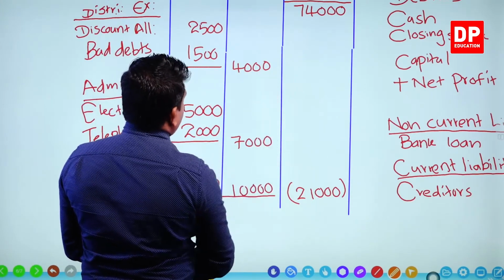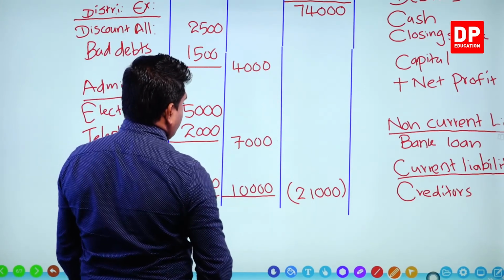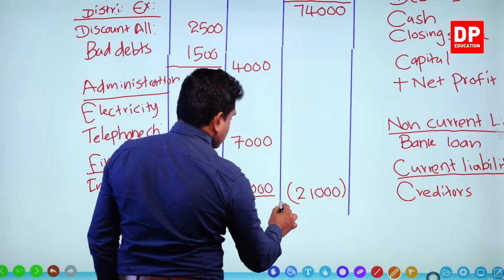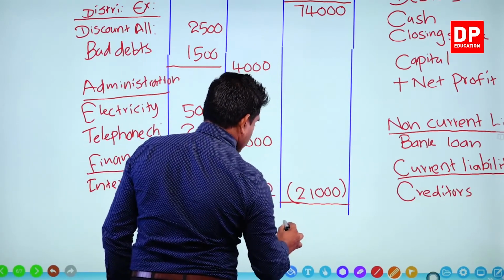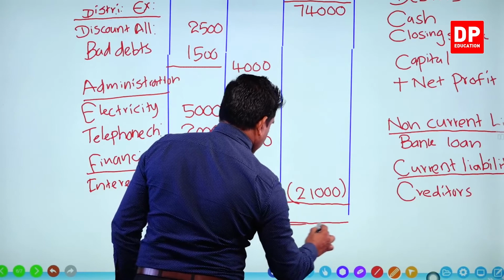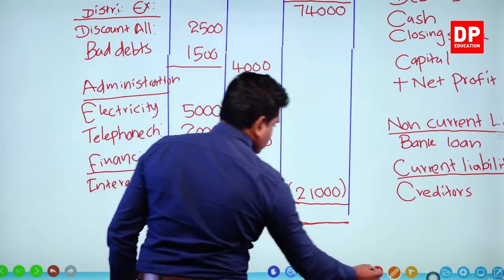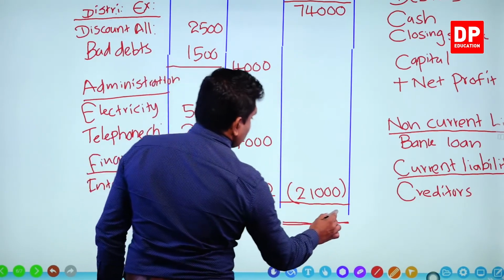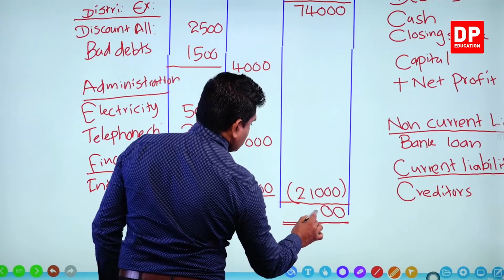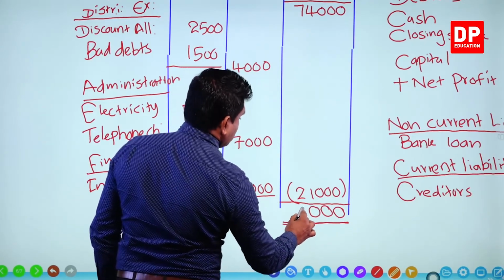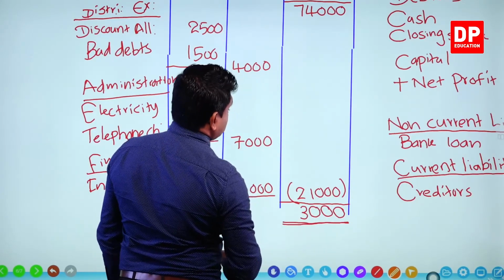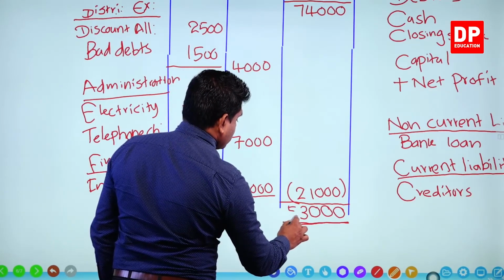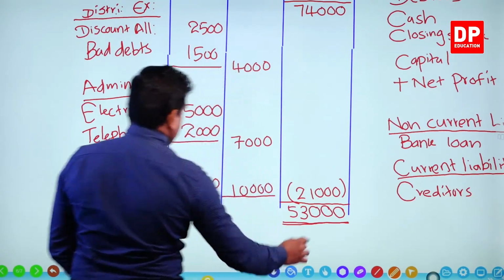Above you can see 74,000, down total expense 21,000. Then you can see what? Net profit. You can see the net profit how much? 53,000.